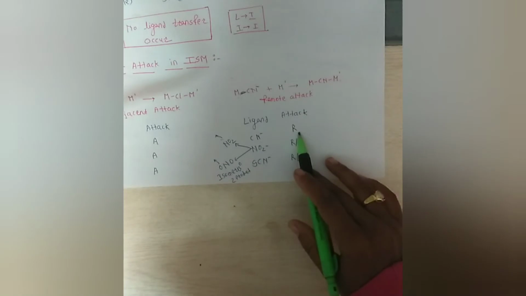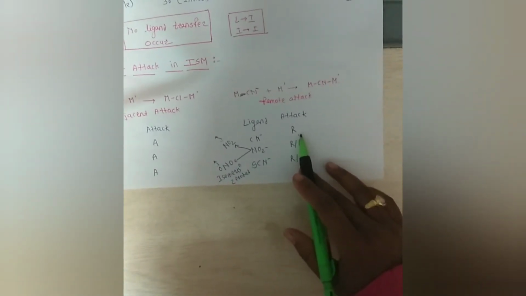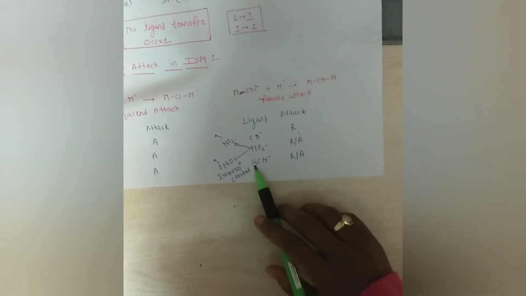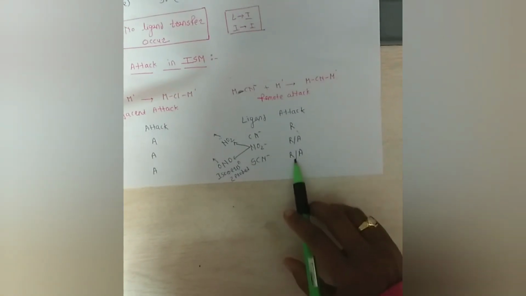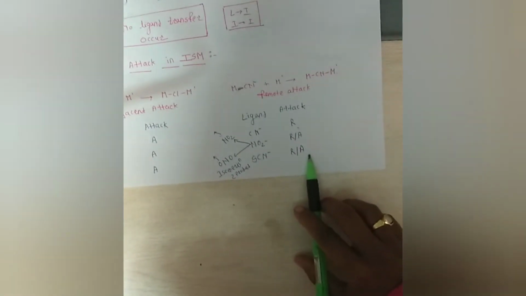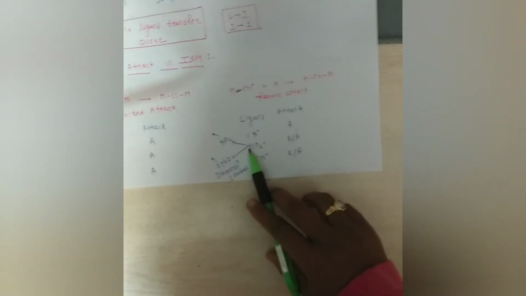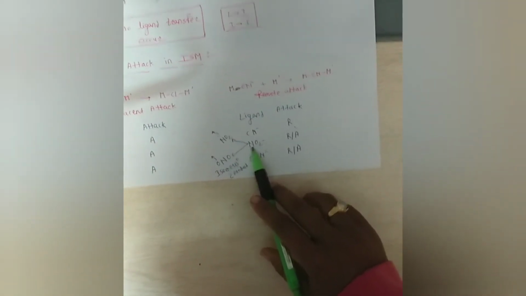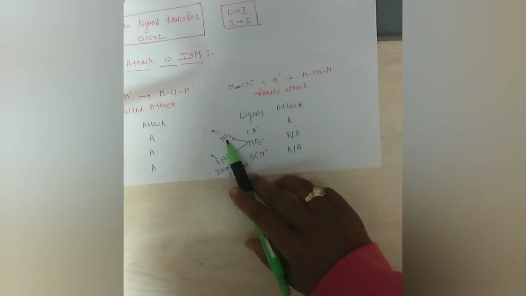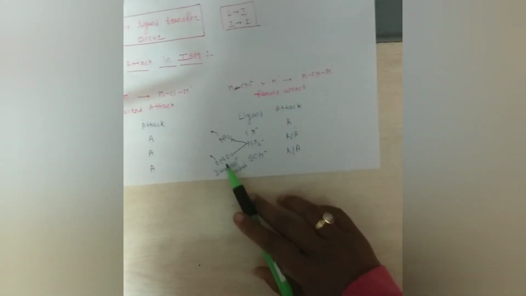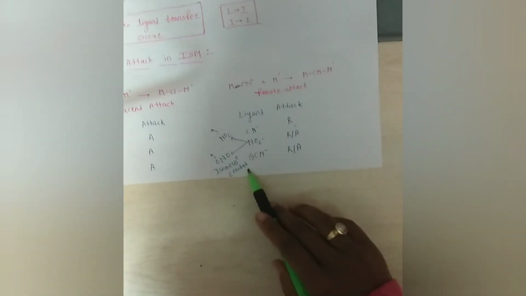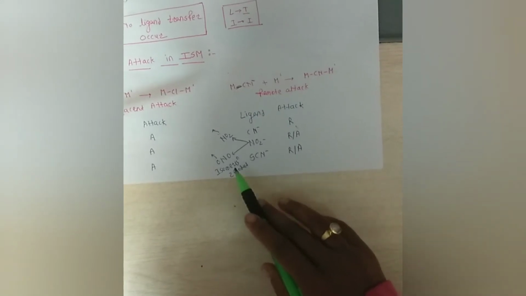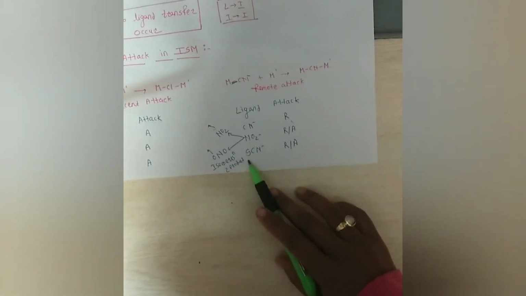Cyanide purely generates a remote attack, while NO2 minus or thiocyanide show remote as well as adjacent attack, because they are bidentate. Why are they bidentate? Because here nitrogen can attack and oxygen can attack, and we get isomerization of the two products. This part we will see in the latter part. Next is thiocyanide.